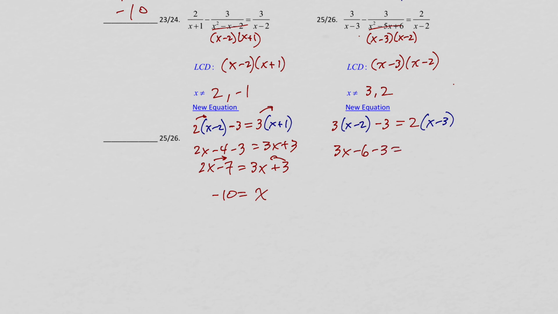And I'll distribute the 2 and get 2x minus 6. Well, negative 6 is going to cancel on each side. And I'll move this 2 over and the 3 over. And I'll get 1x is equal to positive 3. But when we look back at our restricted domain values, x cannot be equal to 3, and this has to be thrown out. So this is no solution.